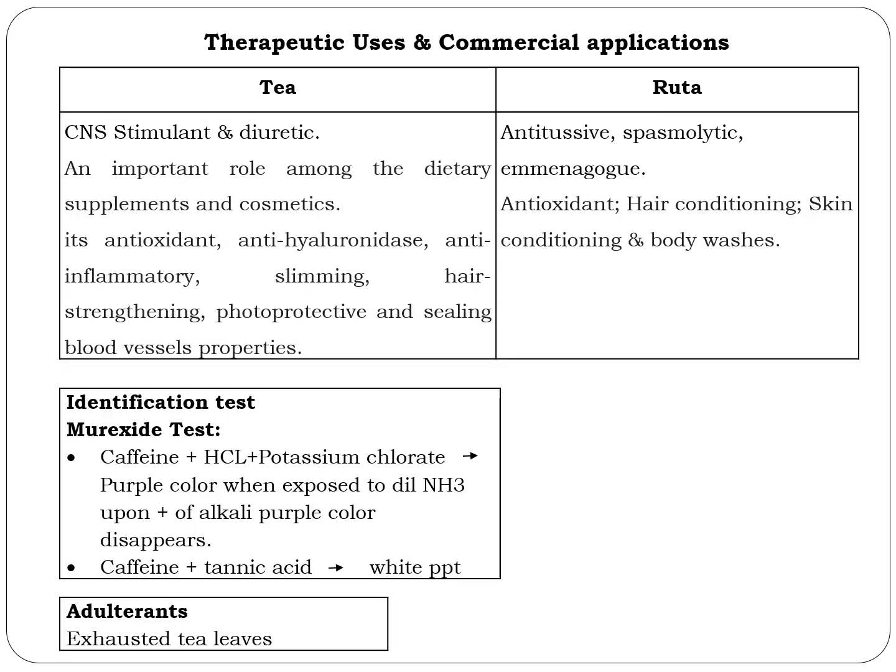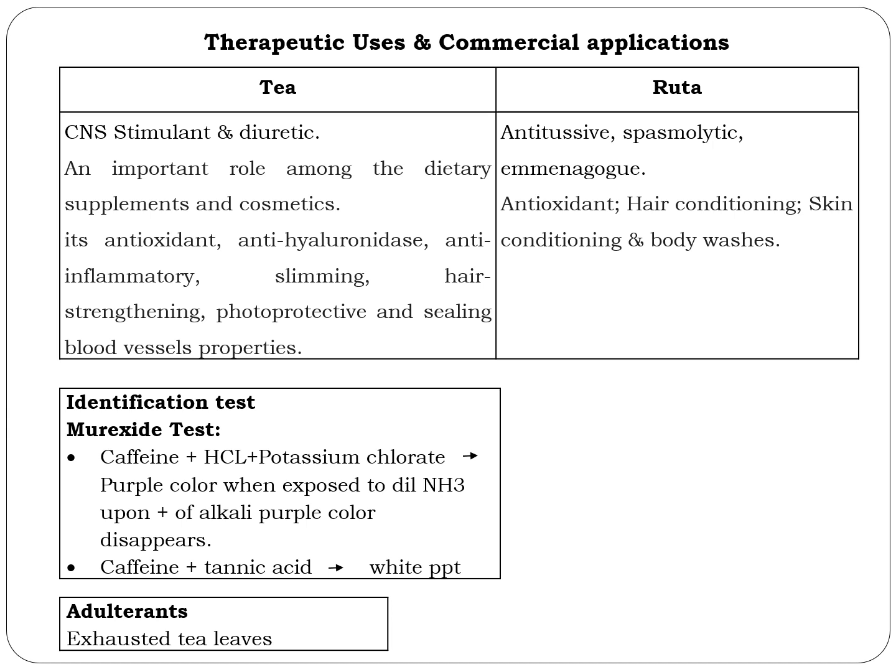Let us discuss therapeutic uses and commercial applications of tea and ruta. Tea is widely used as a CNS stimulant and diuretic, and has an important role among dietary supplements and cosmetics. Its properties include antioxidant, anti-hyaluronidase, anti-inflammatory, slimming, hair strengthening, photoprotective and sealing of blood vessels.